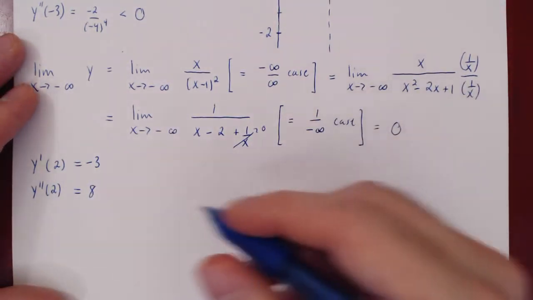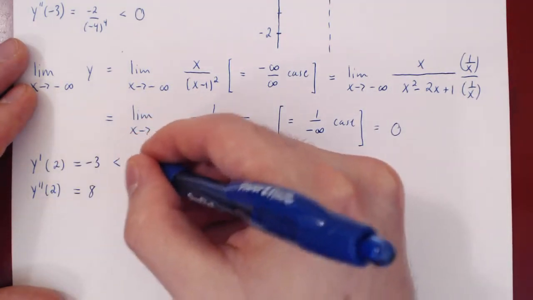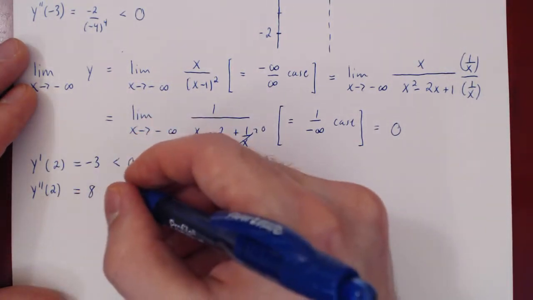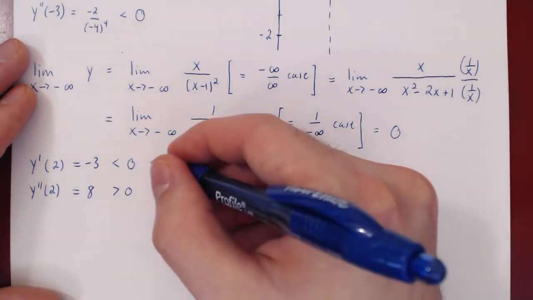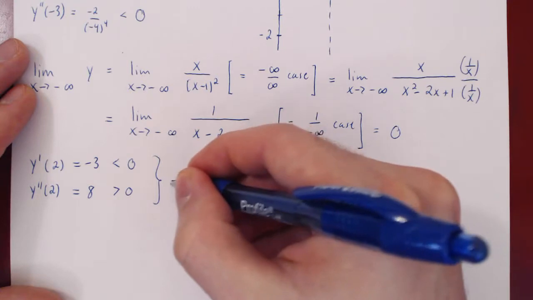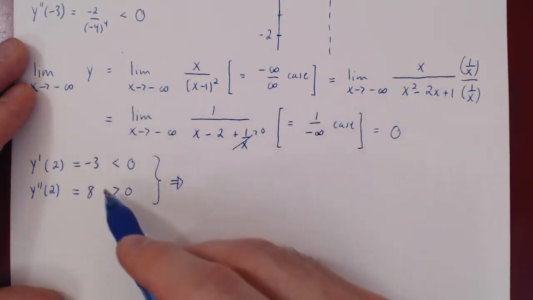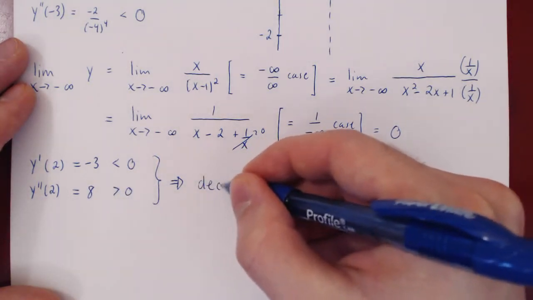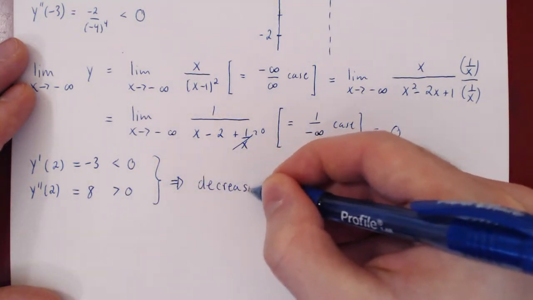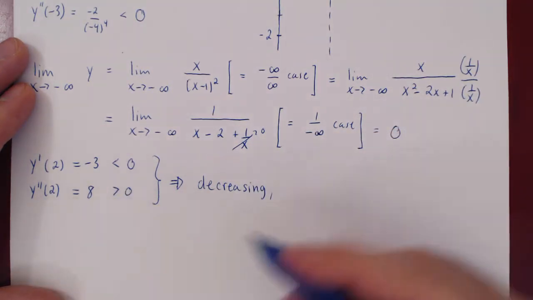And again, we don't care about the values themselves, just their sign. So the first derivative at 2 is negative. The second derivative at 2 is positive. So both imply that at x equals 2, the curve will be decreasing and concave up.